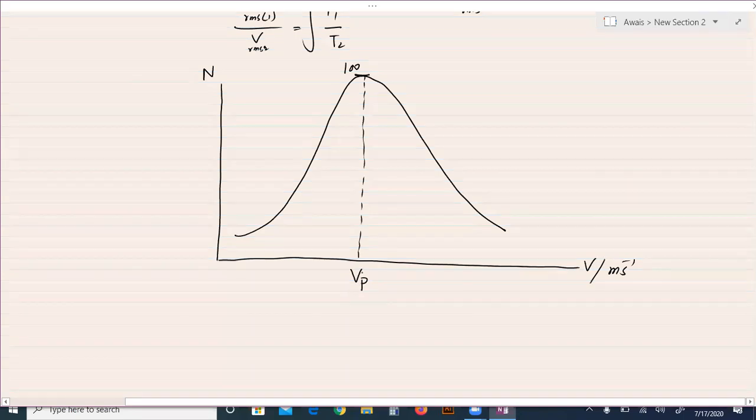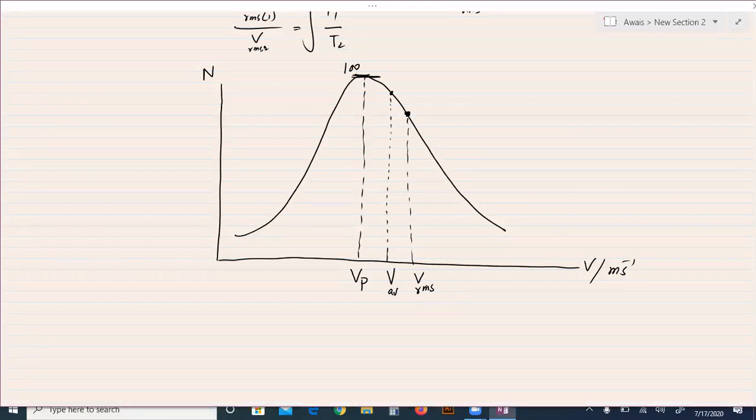Then this speed, which is smaller than the 100% level, is called the average speed. But the RMS speed is carried by almost 70%. If this level is 100%, then the 71% level will be this, so this speed is the RMS speed. RMS speed is carried by more than 70% of the molecules.